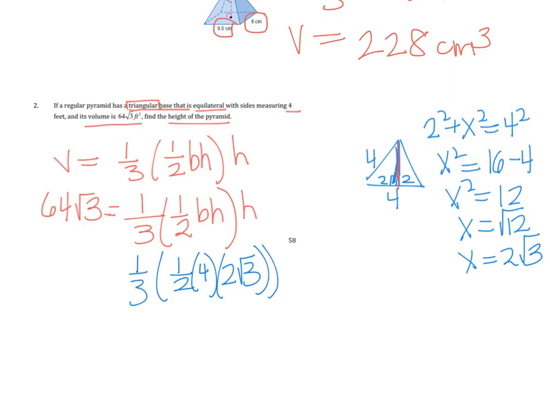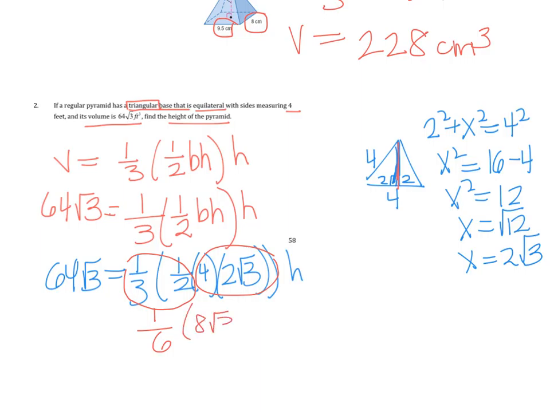times 1/3 times h is equal to 64 radical 3. So I'm going to multiply these two numbers and get 1/6. I'm going to multiply these two numbers and get 8 radical 3. Bring down the h, bring down 64 radical 3.